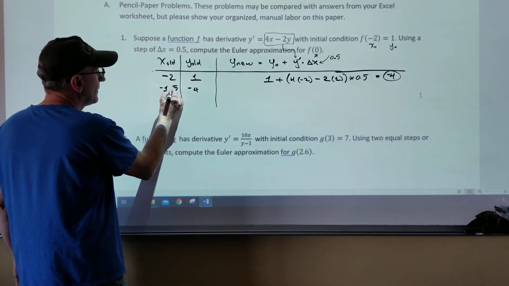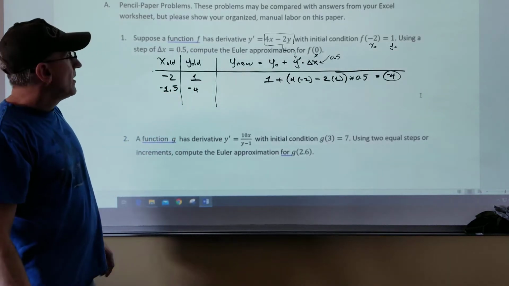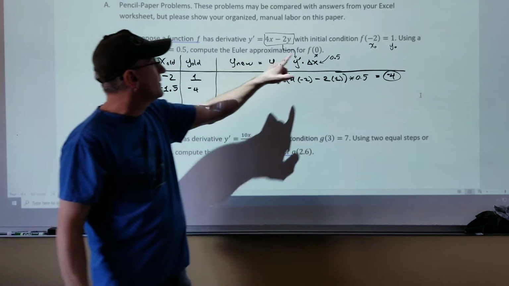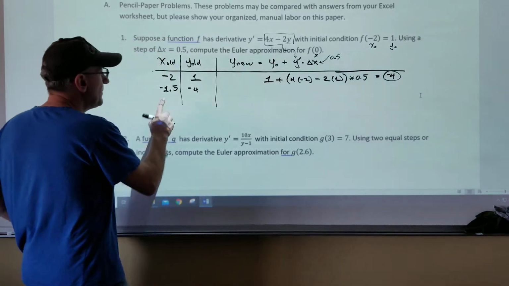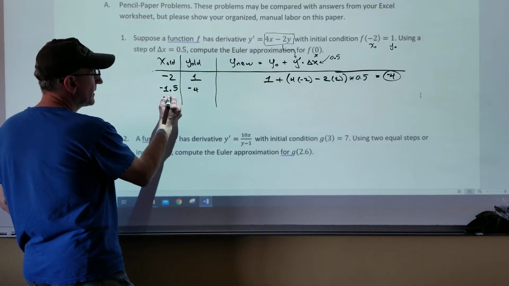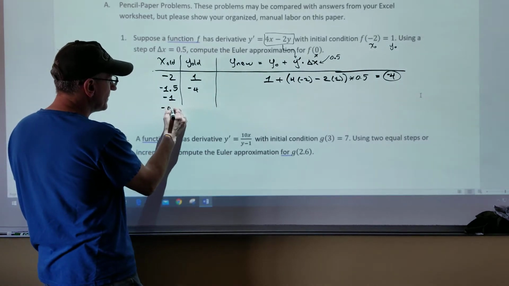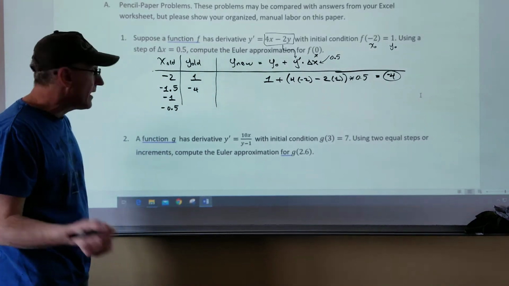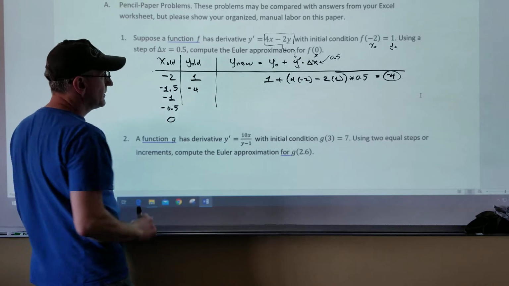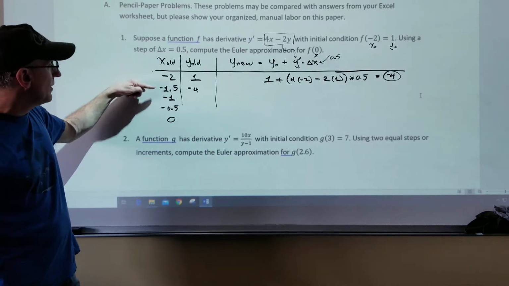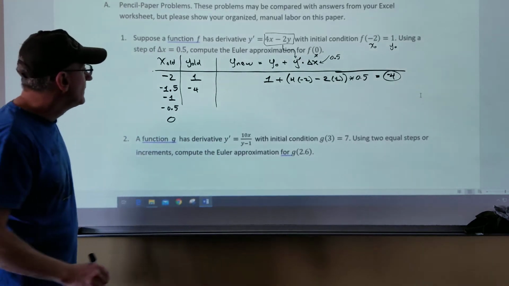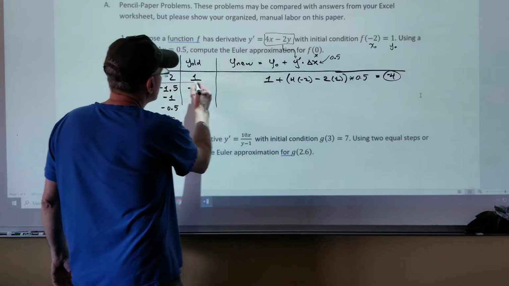Now, are we close to where we need to be? No, we're trying to get all the way to x equals 0. So if I keep adding 0.5, the next x here is negative 1. Add 0.5, the next x is negative 0.5, and add 0.5 to that, and you finally get to 0. So as you can see, we're going to have 1, 2, 3, probably 4 steps to get to where we need to go.